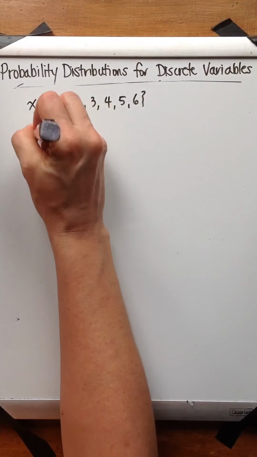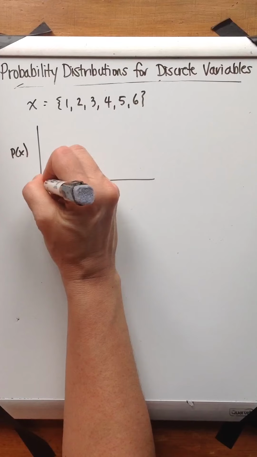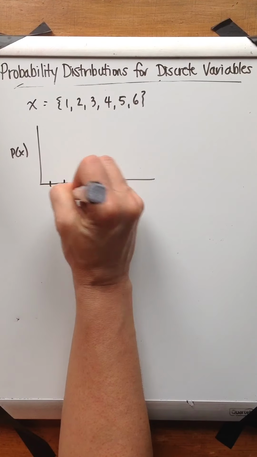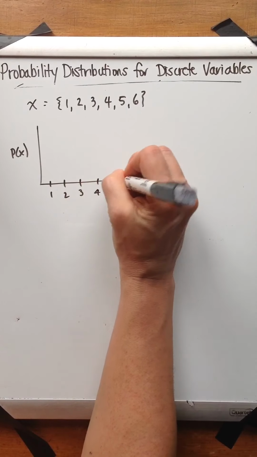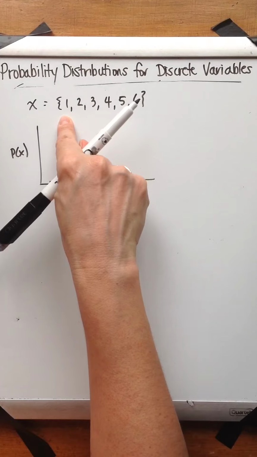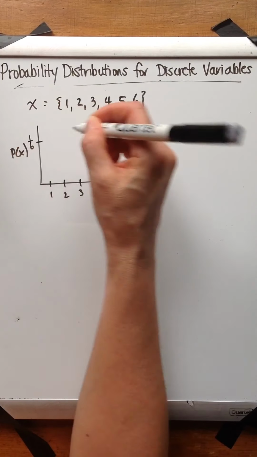And if you were to plot the probability of getting a 1, or a 2, or a 3, or a 4, or a 5, or a 6, well, what is the probability of getting a 1 when you roll a die? It would be a 6th. I'm going to put 1/6 up here.